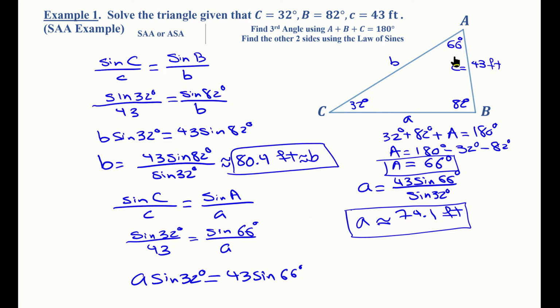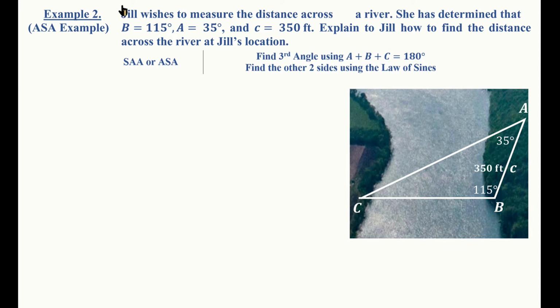And C was of course given, and so were capital C and capital B, the angles. All right, so the triangle is now completely solved. We did that using the law of sines. Make sure that you can handle a simple situation like this before we proceed. In our next example, we're going to look at an SSA case.